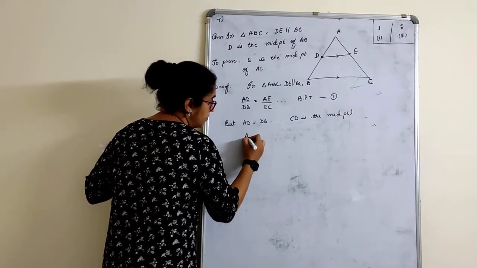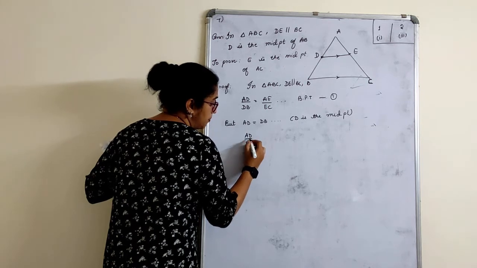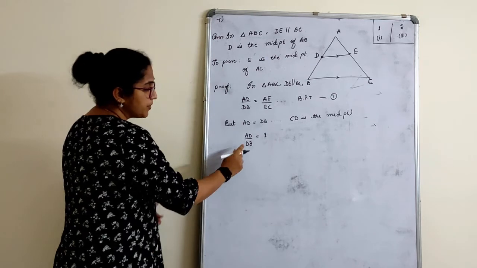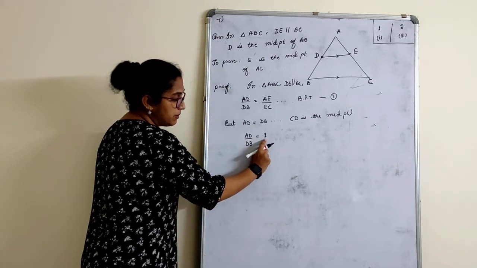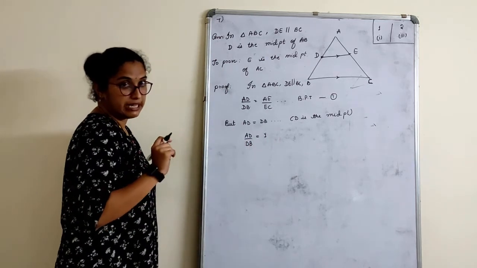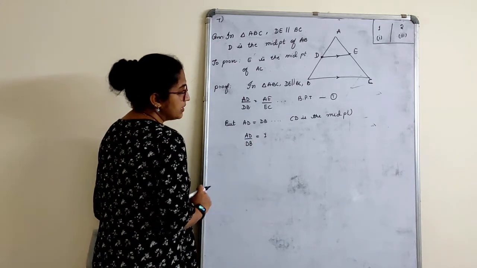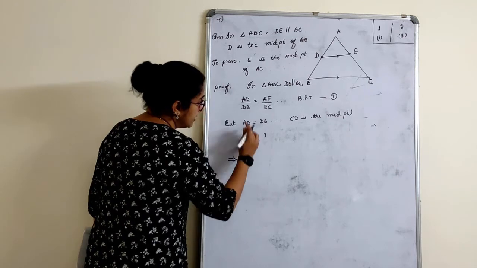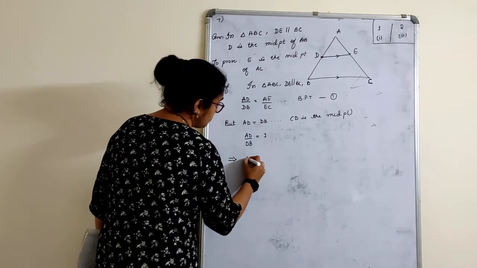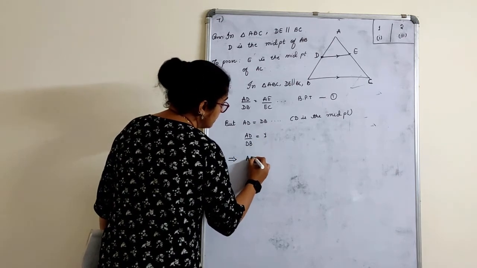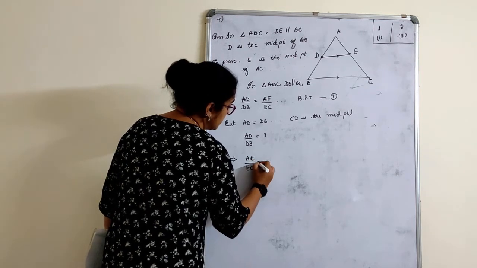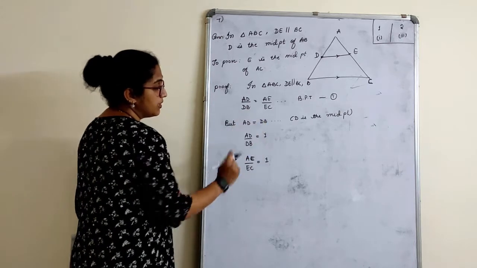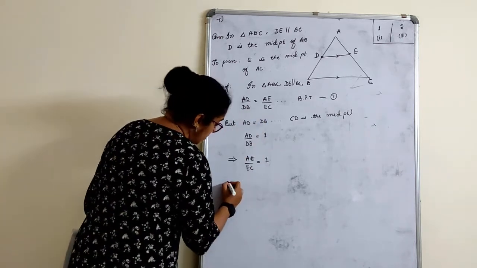So AD upon DB is equal to 1. Why? If I cross multiply this, AD is equal to BD, right? So I can substitute in equation 1. AE upon EC is also equal to 1, because if this is equal to 1, then this is also equal to 1.